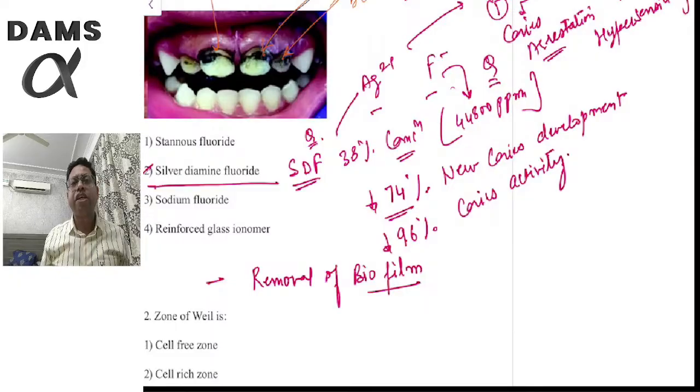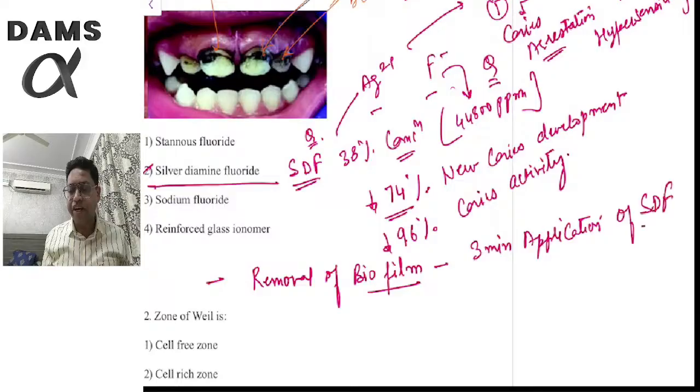So before application and excavation of this carious lesion, we have to remove the biofilm, and then there is a 3-minute application of silver diamine fluoride. How much concentration and how much fluoride, I have already told you. We do a 3-minute application with a micro brush for this.